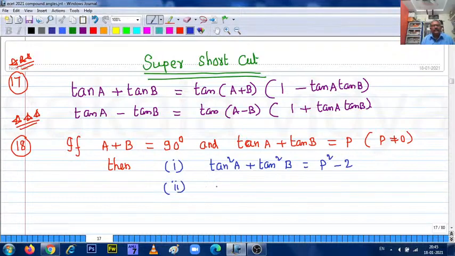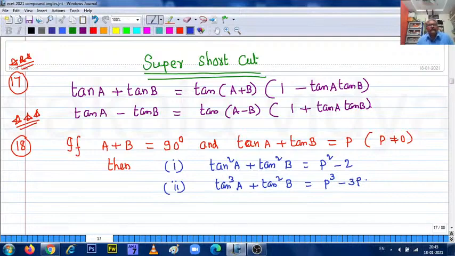Second shortcut, tan cube A plus tan cube B equals P cube minus 3P.